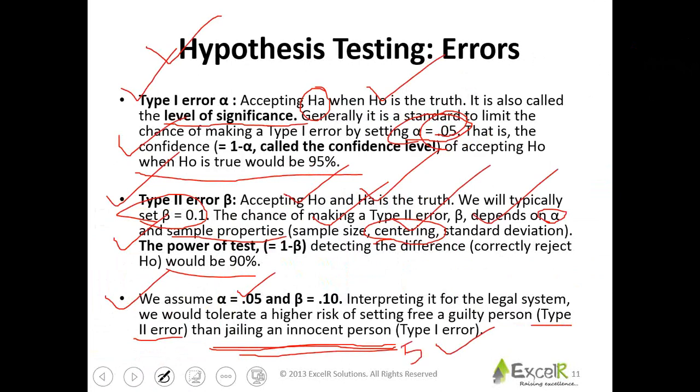Hence, I'm giving only a 5% chance of making a mistake here. I'm giving a little leeway here, and I'm saying a 10% chance of making a type 2 error is fine. That means you're setting free a guilty person. That's okay. But jailing an innocent person is absolutely unacceptable.